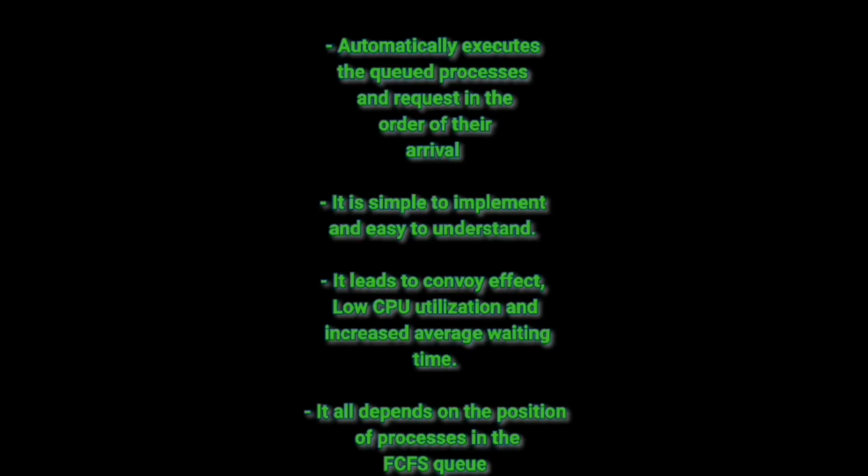It all depends on the position of processes in the FCFS queue. So, kumbaga, ang advantage is easy to understand. And then, ang disadvantage naman is kapag bumaba ang CPU utilization ay lumalakas ang kanyang average waiting time. Then, nakadepende lang ito sa posisyon kung saan nakaprocess ang FCFS queue.